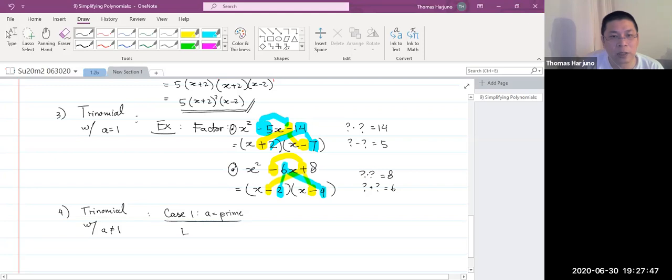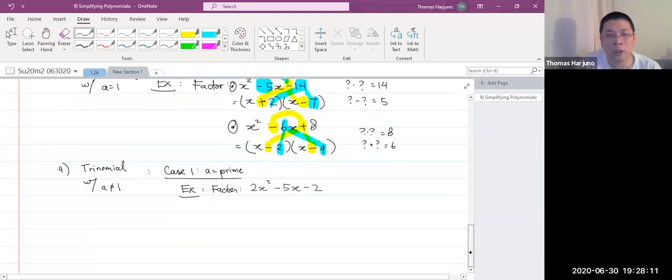Let's say, for example, we want to factor 2x squared minus 5x plus 2.